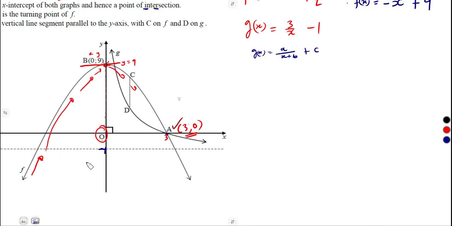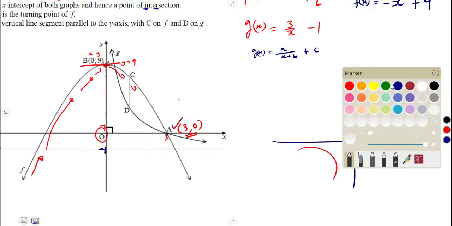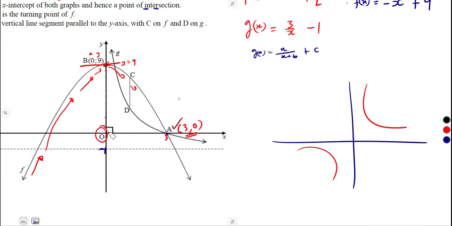If it is the one with a positive gradient, there's another one with a negative gradient. When you are given a hyperbola, this one has got negative, this one has got positive. So in our case, we are going to work with the one with the positive gradient.